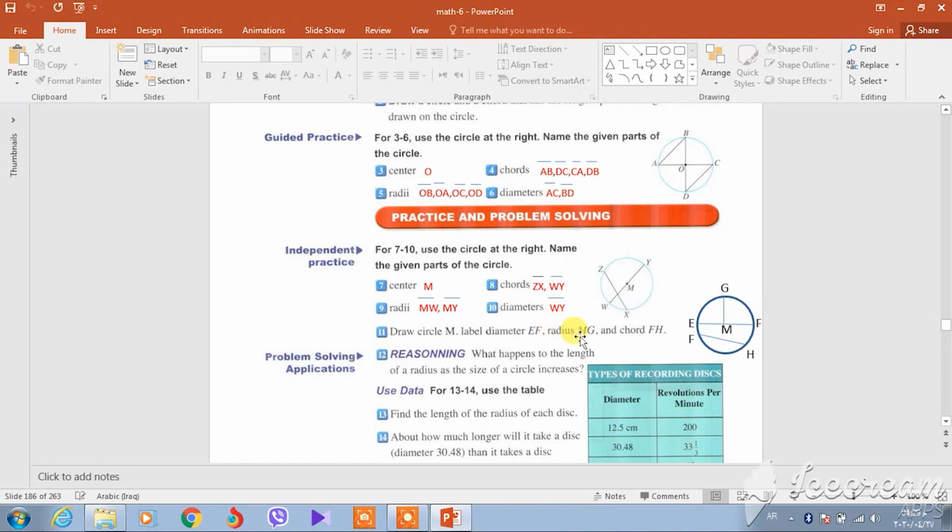A radius MG starts from the center point and goes to a point on the circle, so I make this line segment MG a radius. What about the chord? This line is chord FH. Line segment FH is a chord, student.